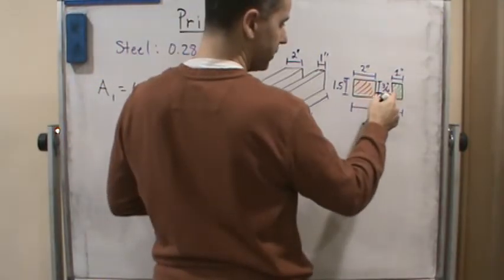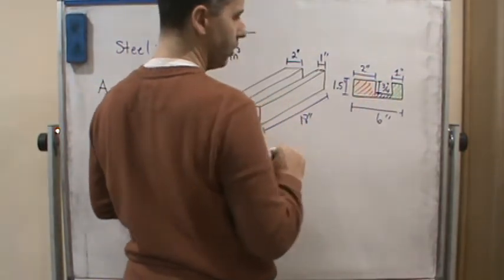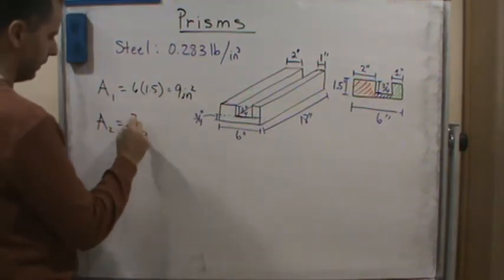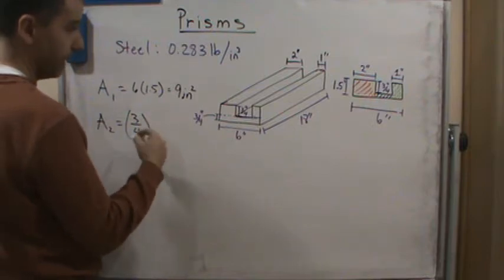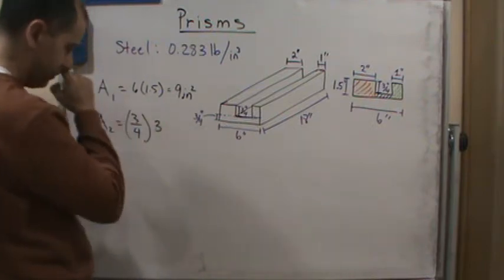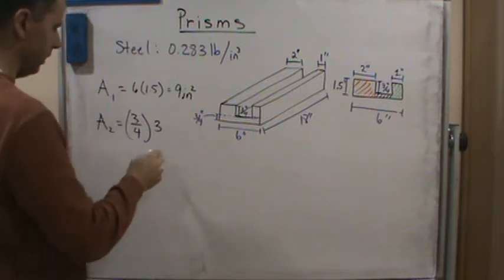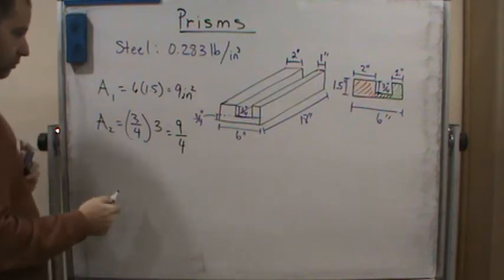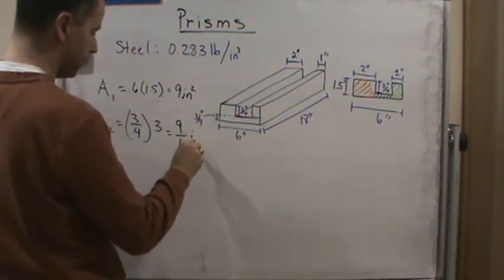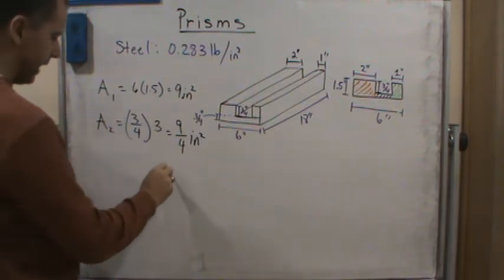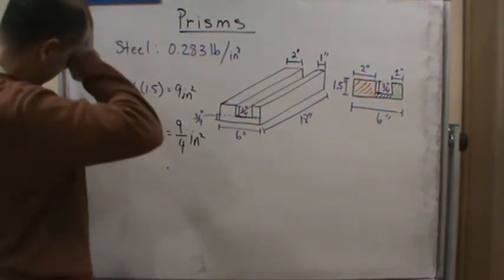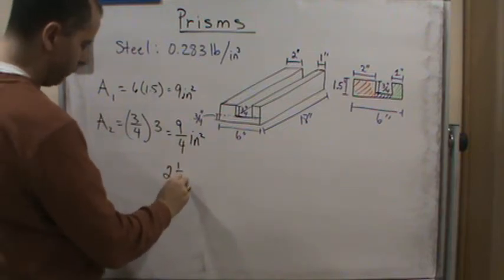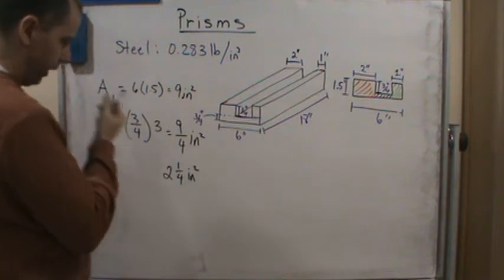So the area of this part that I'm cutting out is going to be 3/4 of an inch times 3 inches, and we'll call that area 2. And that's going to be 9/4 inches squared. And if we simplify this and change this to a mixed number, that's going to be 2 1/4 inches squared.